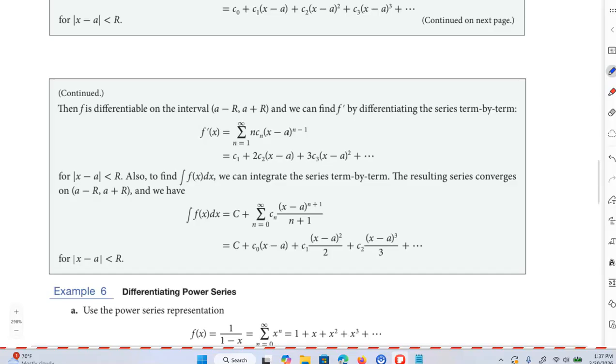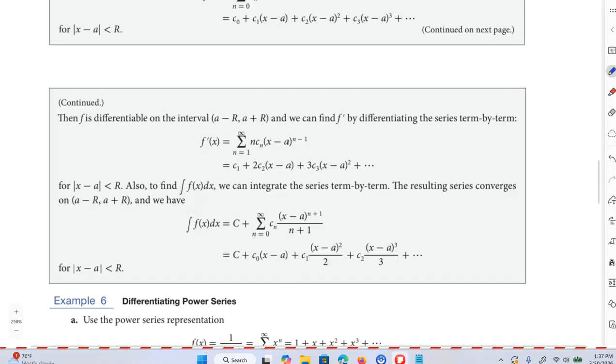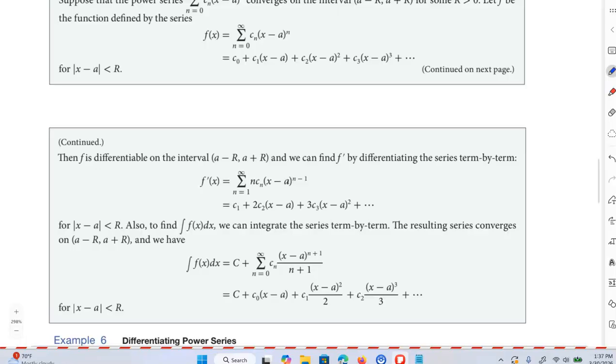So we could think about expanding it and finding the derivative of that series, or I could think about just using my power rule. I would bring the exponent down, subtract 1 from the exponent, and then take the derivative of the inside, and the derivative of x minus a with respect to x is just going to be 1. Notice when I take a derivative, I'm taking the derivative term by term.